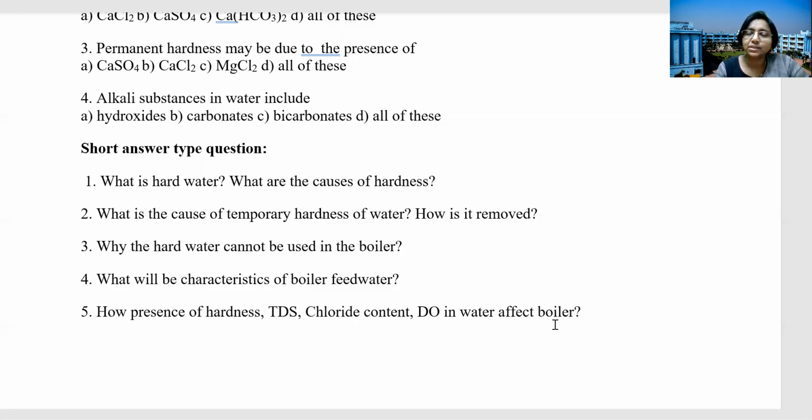You have to give the reaction, how it will form HCl, and then it will corrode the metal boiler material. And how the presence of dissolved oxygen will enhance the corrosion. This part also you have to give the reaction and explain.